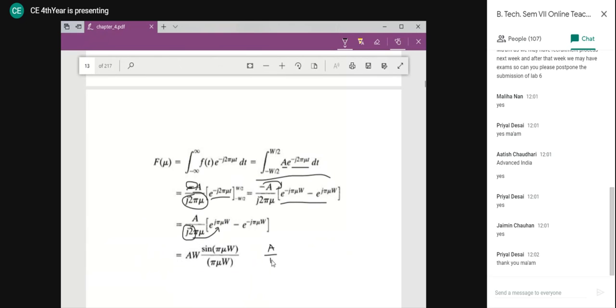And what will be this term? What will be the inside term? What is the definition? e raised to minus j pi mu w minus e raised to minus j pi mu w divided by 2j. What exactly is it? This 2j is coming here. What is that term? Can anyone tell me?